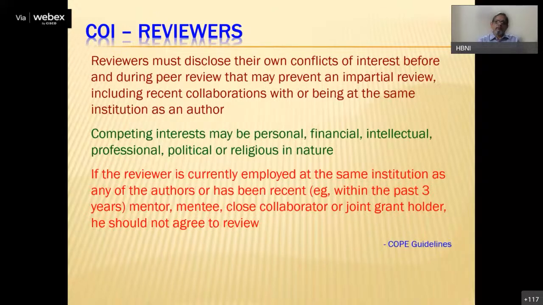Then the other entity are the reviewers. Whenever a manuscript is submitted to a journal, the editor, after due initial processing, will take a decision whether the particular manuscript is fit to be considered for that particular journal.